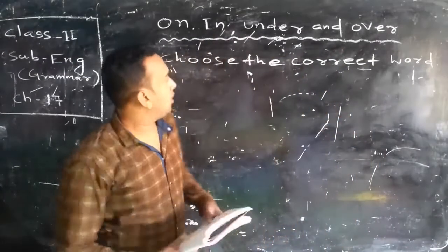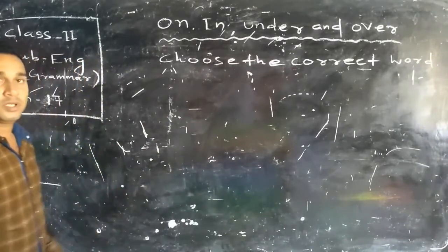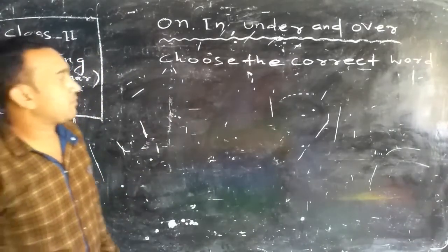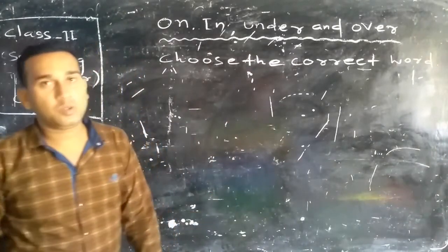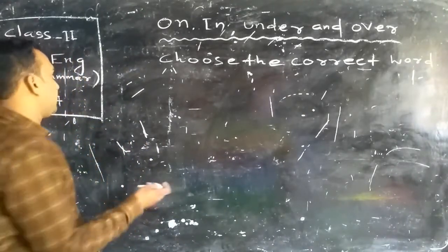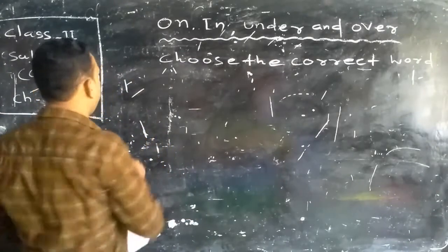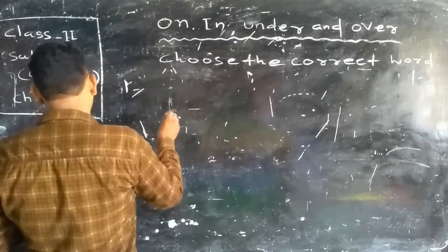So dear students, choose the correct word. We have to do first. क्वेश्चन आंसर हम लोग यहाँ पे लिखेंगे. Just you have to note it, okay, in your copy. So let's start. You have to give the answer which is the correct.